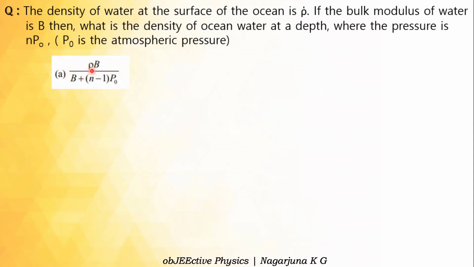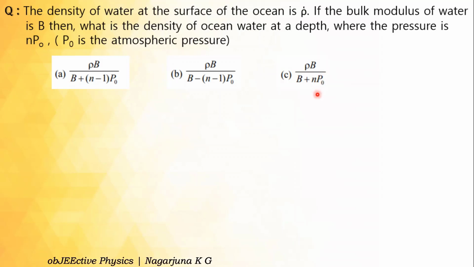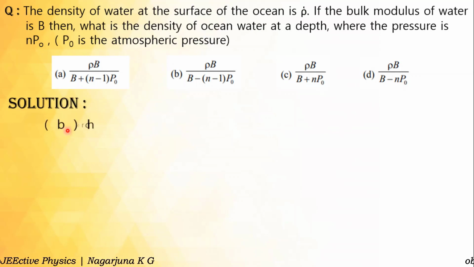Option A, rho into B by B plus n minus 1 into P naught. Option B, rho into B by B minus n minus 1 into P naught. Option C, rho B divided by B plus n into P naught. And option D, rho B by B minus n into P naught. Solution.